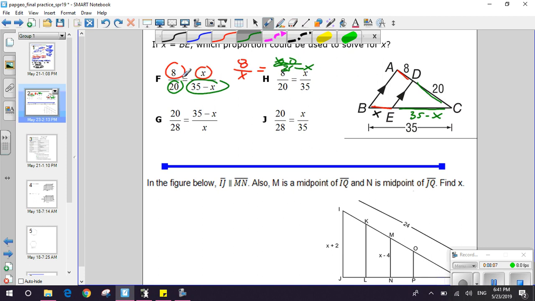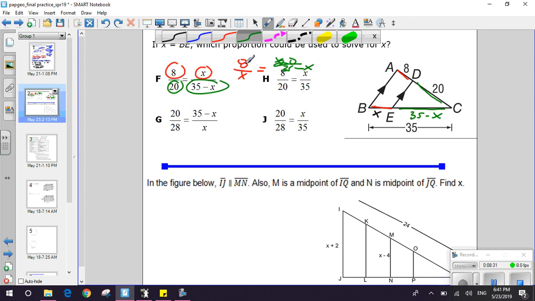So for example, 8 came from the top left, 20 came from the top right. X came from the bottom left, so what do these two have in common? They're on the left. Then this one came from the bottom right, so these are both on the right.